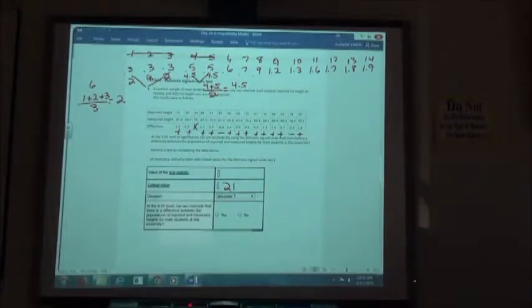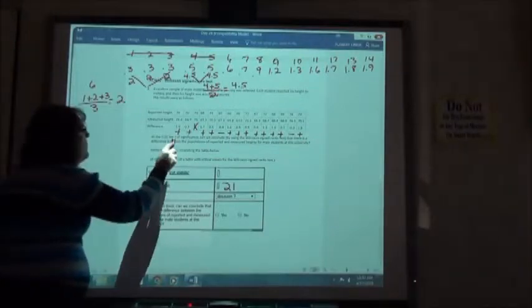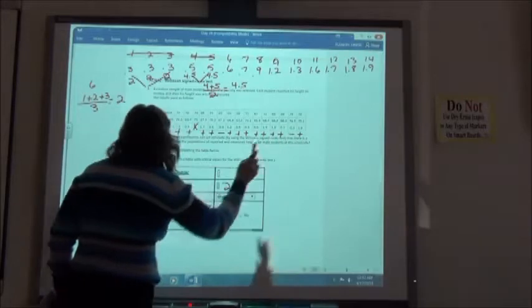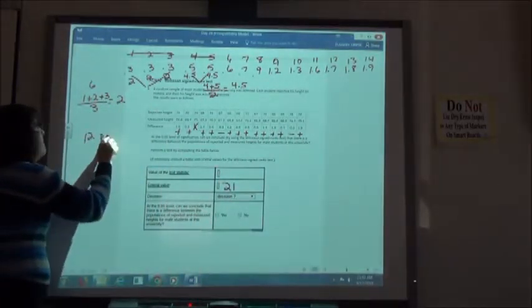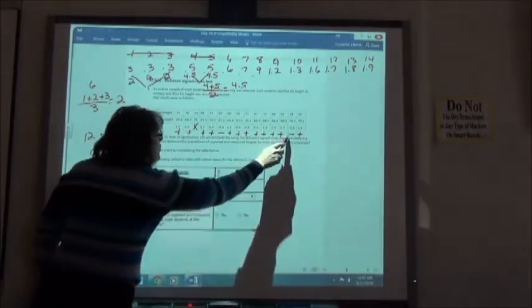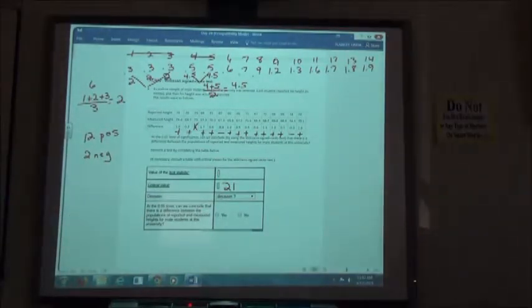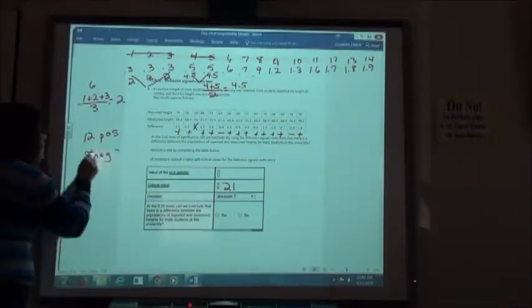So, in this case, I look at how many negatives and how many positives. I got 1, 2, 3, 4, 5, 6, 7, 8, 9, 10, 11, 12 positives, and only 1, 2 that were negative. Just like on the previous sign test, I always go with the lower value.